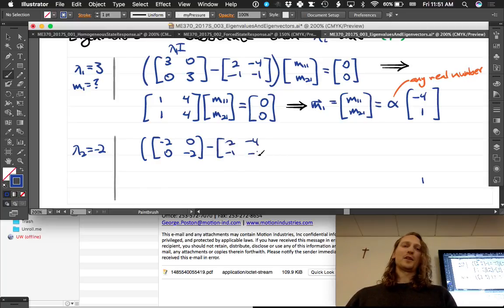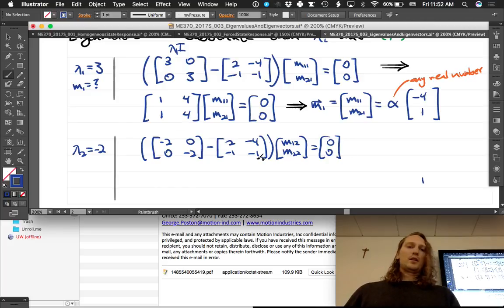I forgot which equation I was writing. And we multiply that by M12, M22 equals 0 and 0.